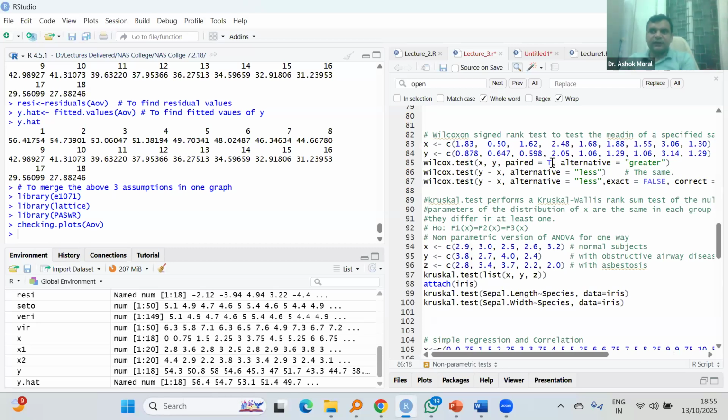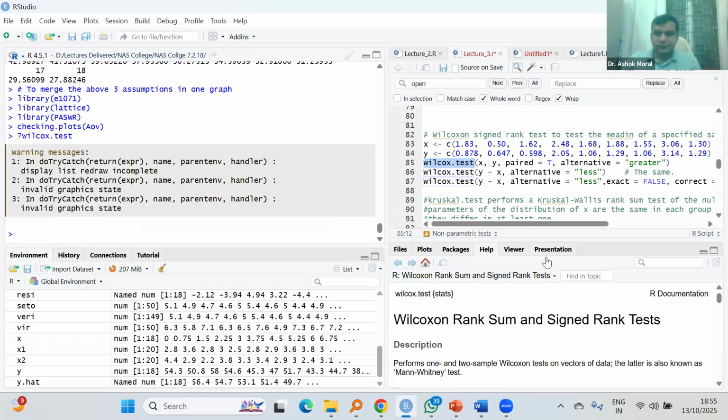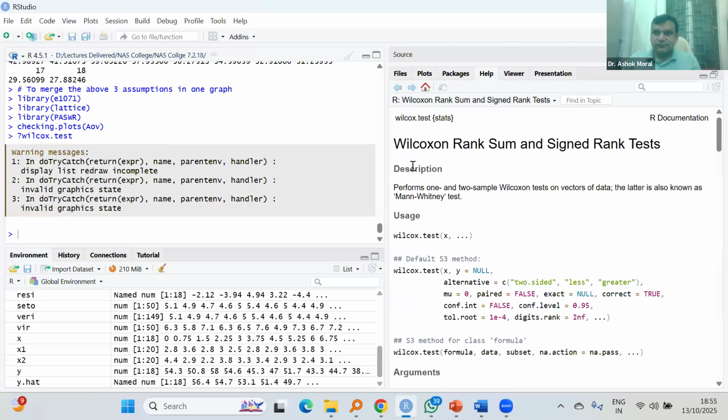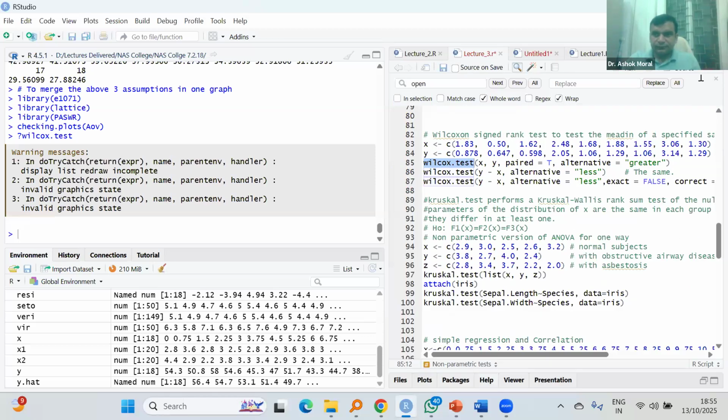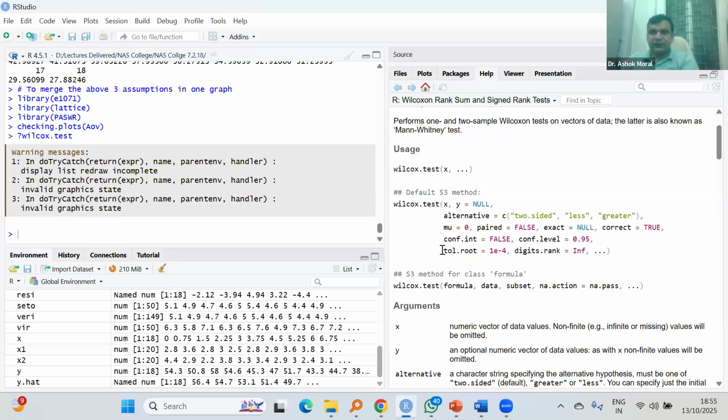If it is paired, then again as in the case of the t-test, we have the Wilcoxon test. Wilcox dot test is available in the stats package. Again, the same thing regarding the t-test.